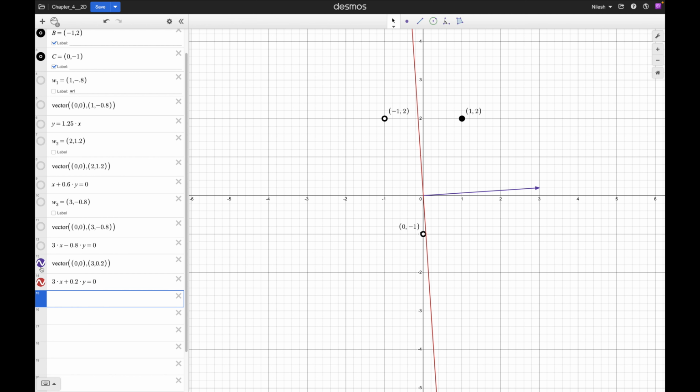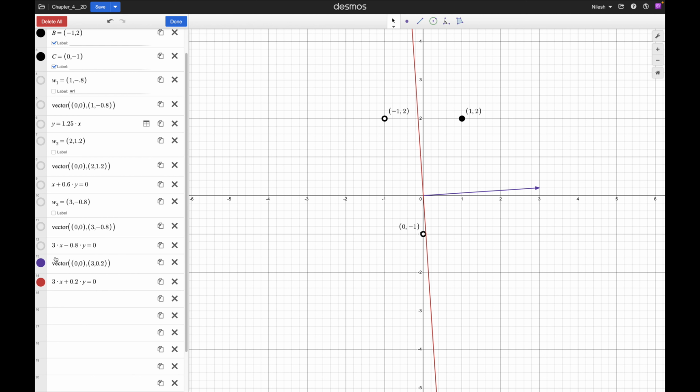That is the decision boundary that we found after iterating through various values of W to get to the final decision boundary. And in this case, we do see that the negative class on the left hand side is classified with A equal to 0, and on the right hand side where the W vector is pointing, that point gets classified as class 1.